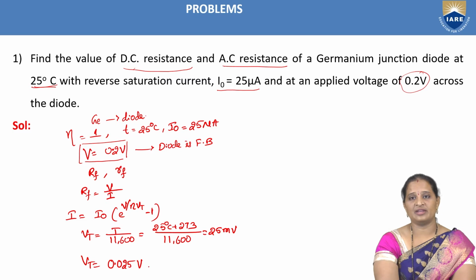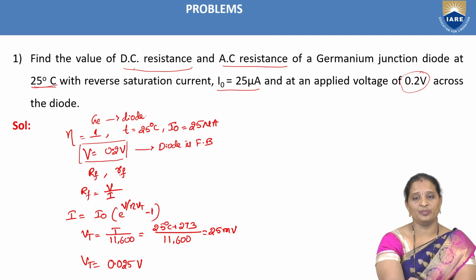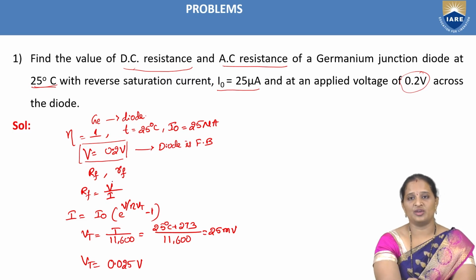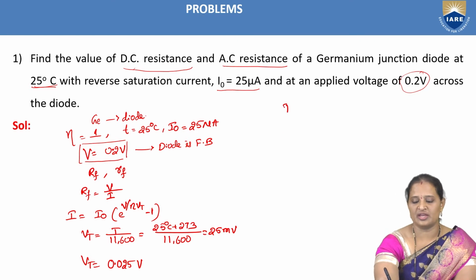Now we have calculated Vt, and you know the eta value, the applied voltage V, and the I naught. Just substitute in the equation.